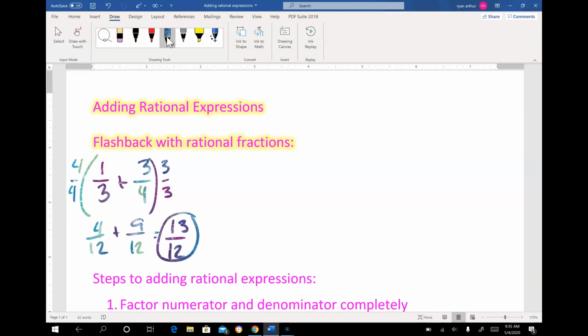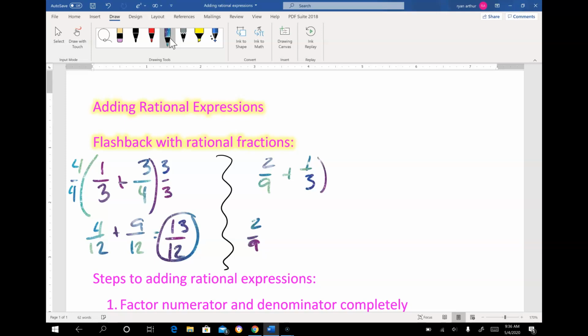Now, sometimes, say you have 2 over 9 plus 1/3. Now, 9 can't go into 3, but 3 can go into 9, so we can make 3 look like 9. So we can actually leave 2/9 alone.